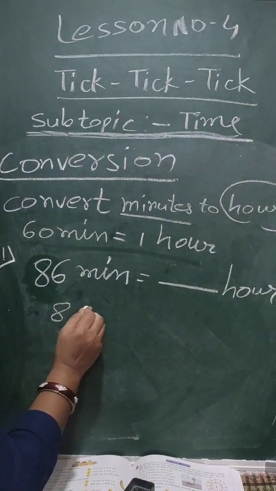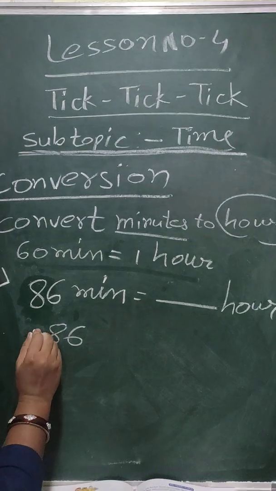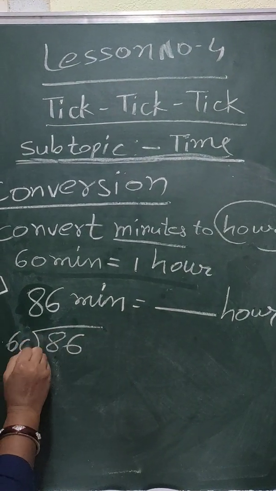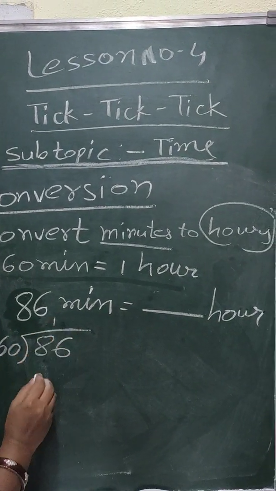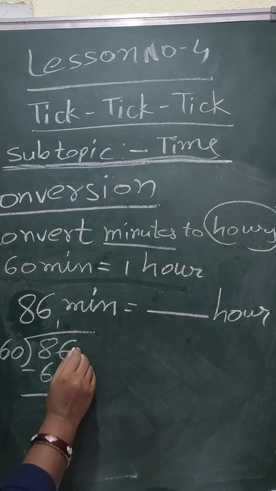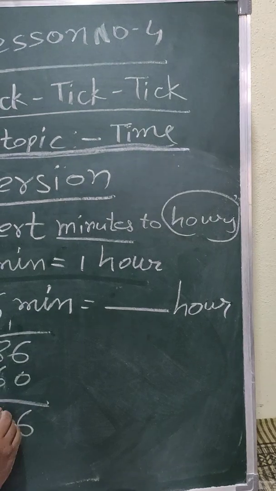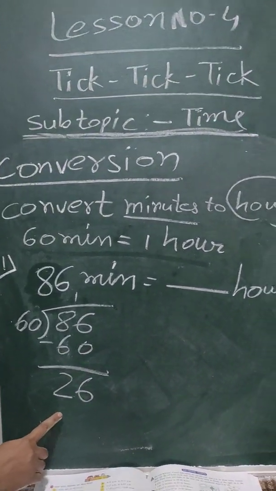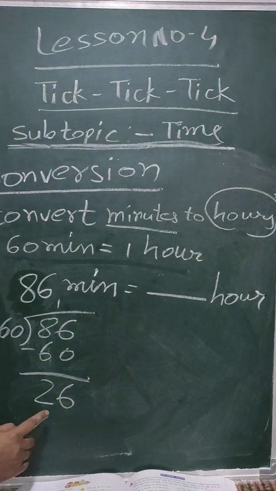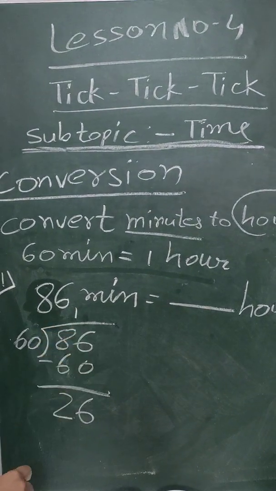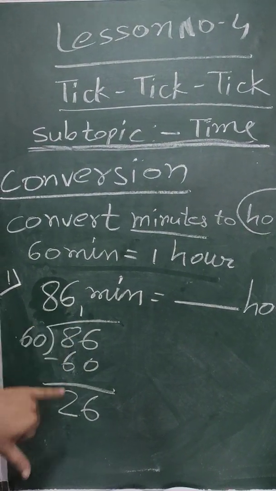So 86 will be divided by 60. 60 ones are 60. 6 minus 0, 6. Now 8 minus 6, 2. What remains? 26. This means minutes. So 1 hour, how many minutes?